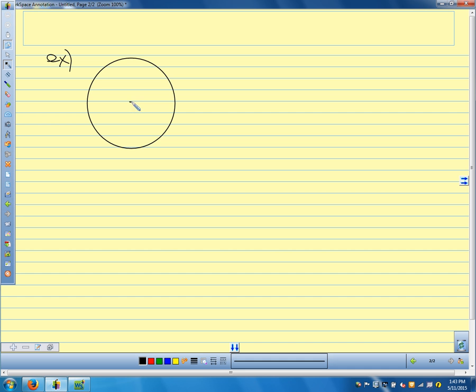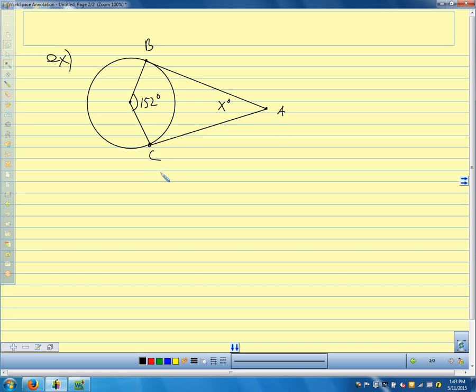There's a circle, and AB and AC are tangents to the circle. Find x.